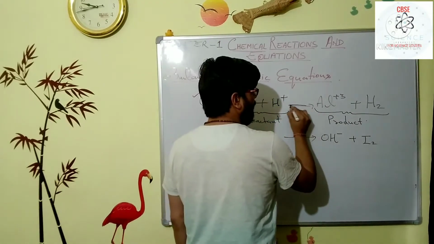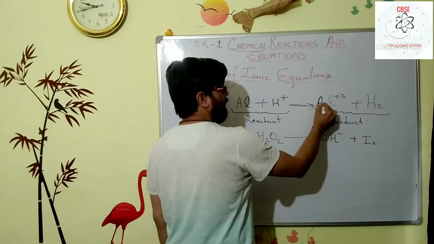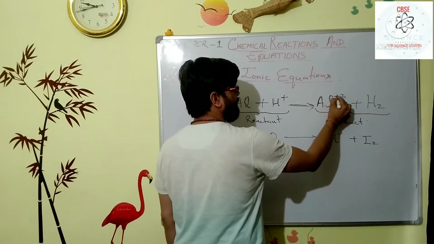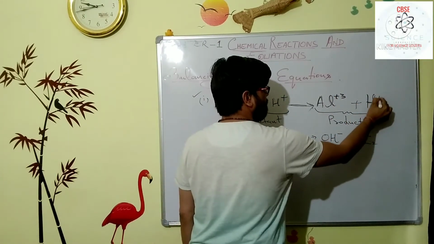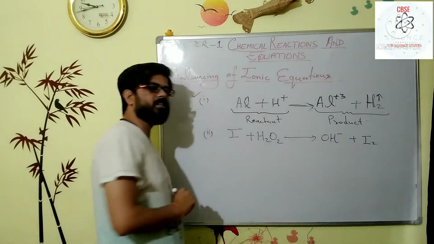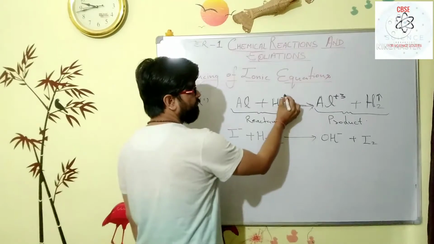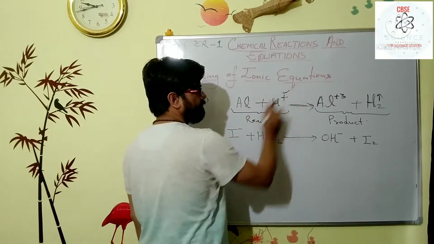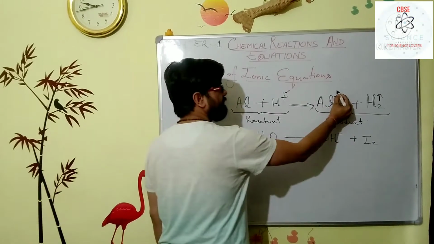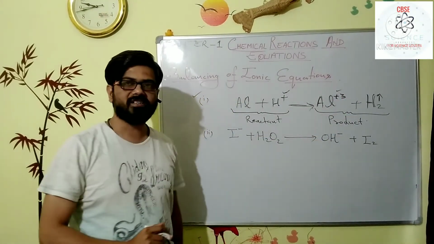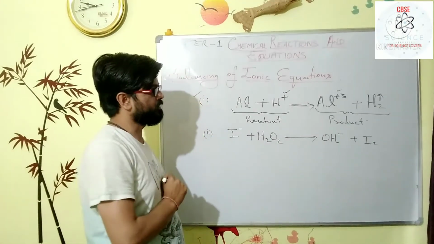Aluminium is oxidised, Al plus 3 ion formation takes place, and hydrogen gas is released. So this equation is an ionic equation. Here students see one positive charge on the reactant side, whereas here there are three positive charges on the product side. So we have to balance the charge also.